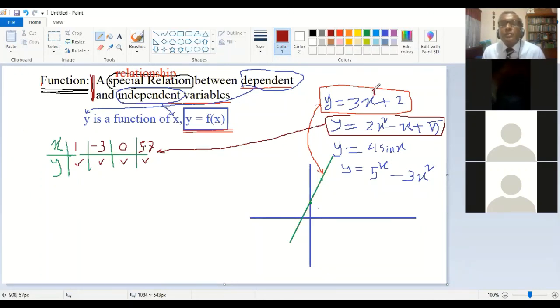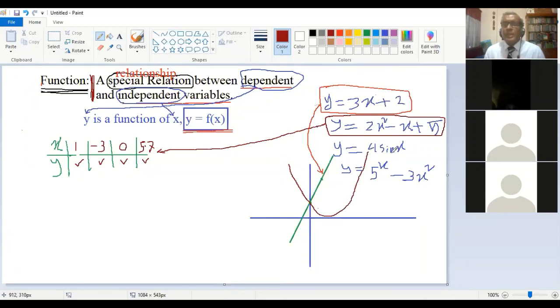So the thing is, if you see x to the power 1, only x, in that equation it will be a straight line. If you see x square, x cube, or sin x, or something to the power x, all will not be a straight line, all will be curved. Okay, so the second equation will be something like this.